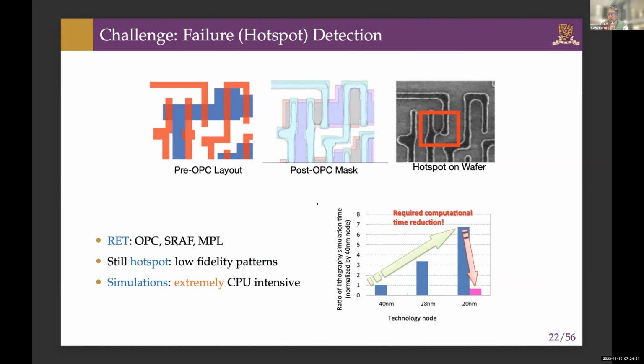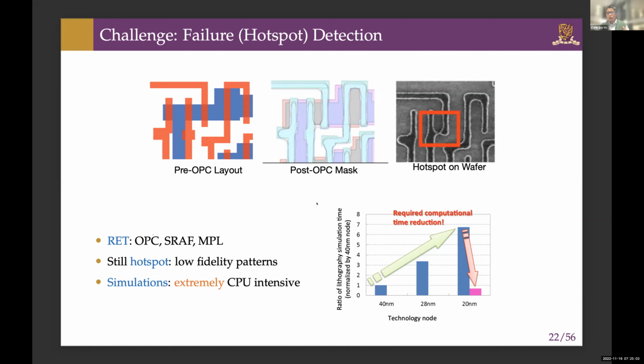So a pattern is called a hotspot. It doesn't mean this pattern will cause an error for sure. Actually, it has only some probability that one pattern may have an error under some special condition of the lithography system. So we call a pattern a hotspot if it is a low fidelity pattern.